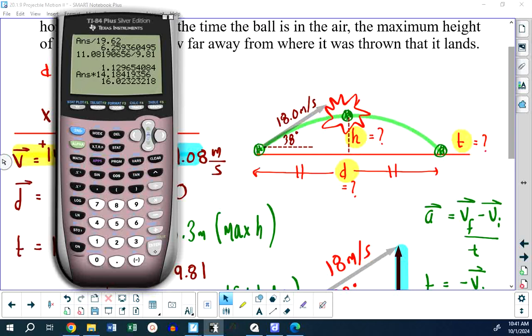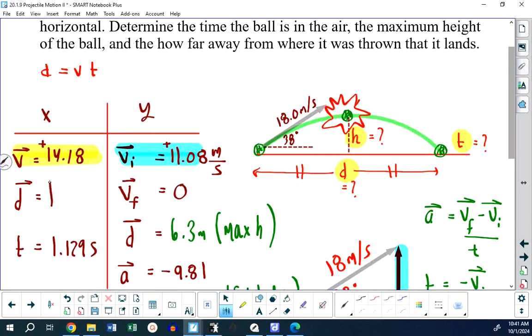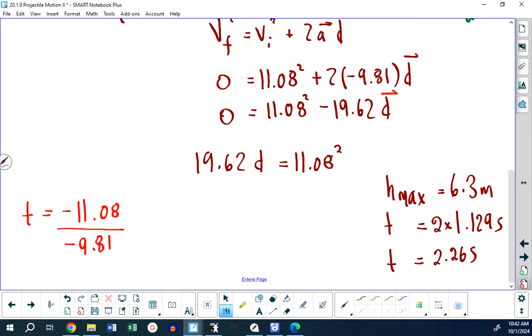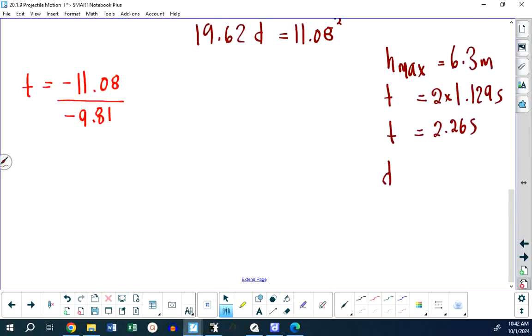So I've multiplied that time by 14.18 meters per second, and I get 16 meters approximately. So that horizontal distance of 16 meters is only half of the total distance. So to finish the problem, all we have to do is double that horizontal distance of 16 meters and get an answer of, I guess, 32 meters.